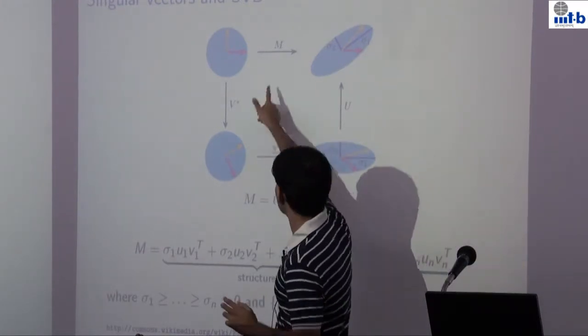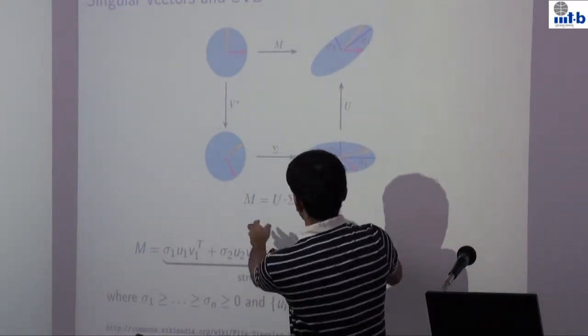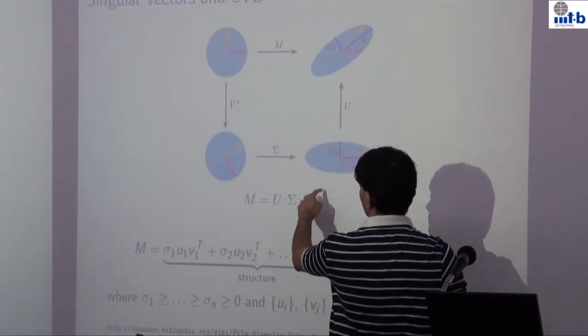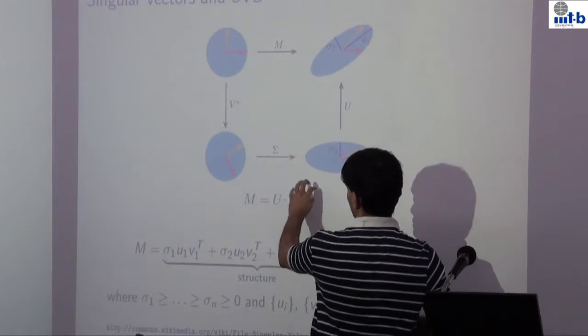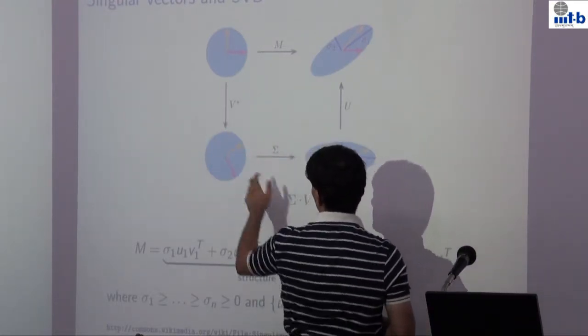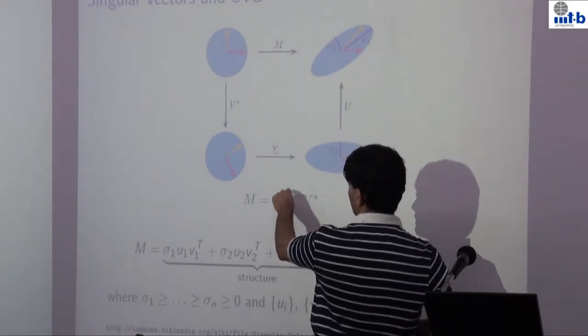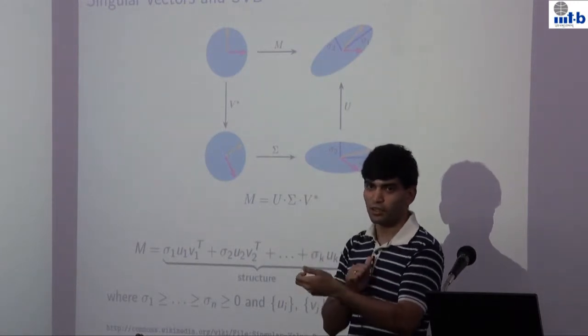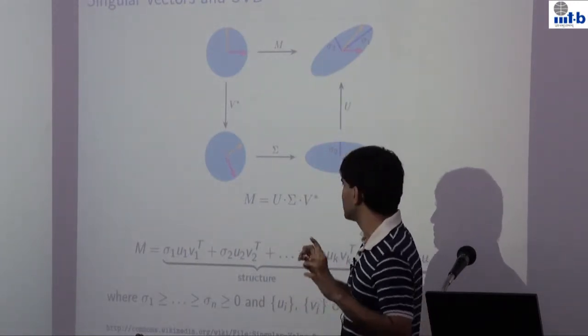Sorry, actually I described it the other way around. When you are applying M to x, x will first get multiplied with V transpose, which is the first orthogonal map that acts on x, giving this rotation. Then the second is a linear map which scales the coordinate axes along different directions by different amounts.